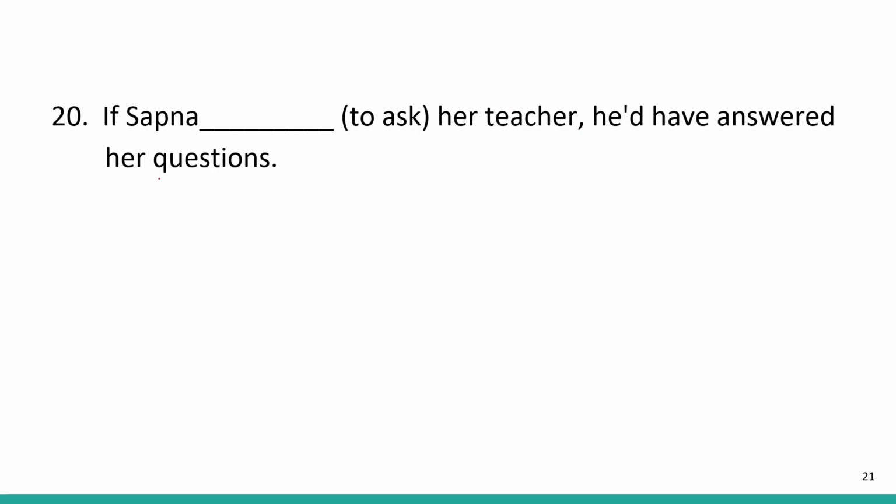Now the 20th question. If Sapna dash her teacher, he would have answered her questions. Now this is he would have answered, that is verb third. So this is type 3 condition, and type 3 condition requires the sentence to be in past perfect tense. That means verb third form with had.